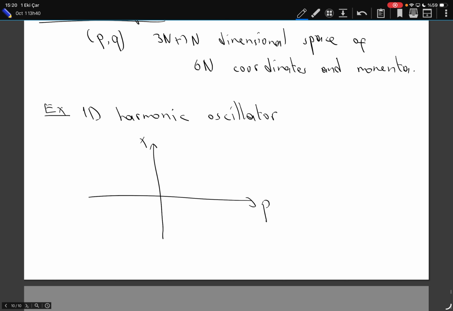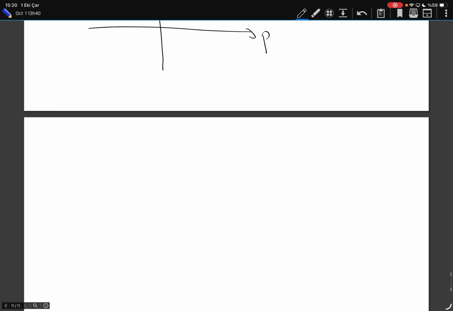So each microstate of my system corresponds to a point in phase space. The energy is fixed. But I can write the energy in terms of the microstate of the system.